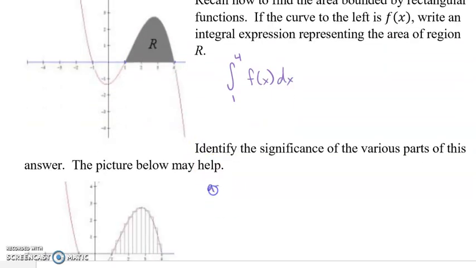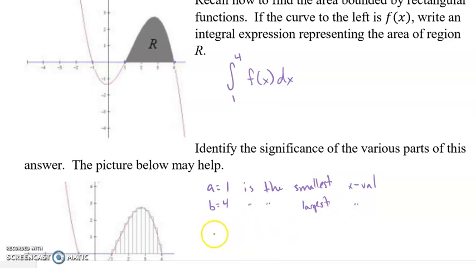Of course, a equals 1 is the left endpoint. Let's call it the smallest x value. And we're going to say b equals 4 is the largest x value. Okay.